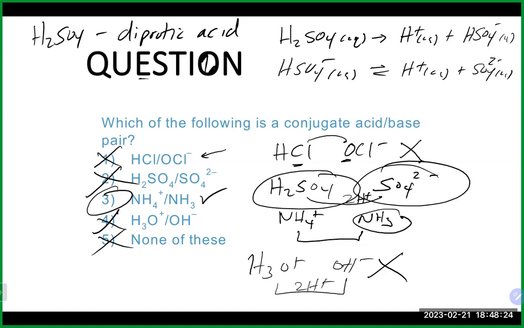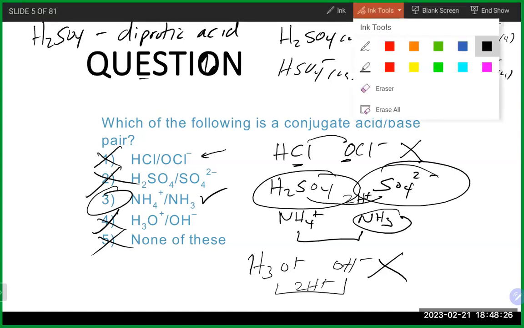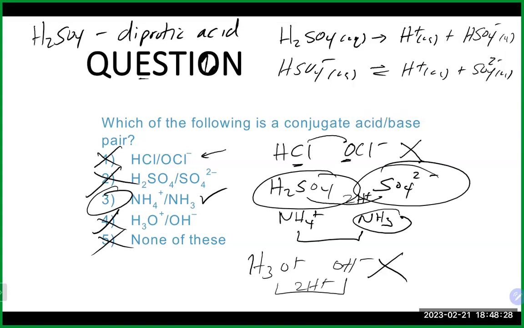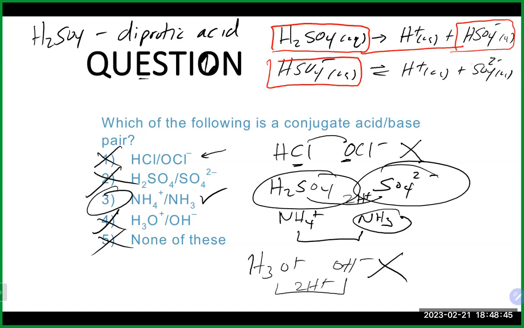So when we look at what's happening here, sulfuric acid and HSO4 minus differ by 1 H plus, and those two would be pairs. The HSO4 minus and the sulfate also differ by 1 H plus, and they would be pairs.